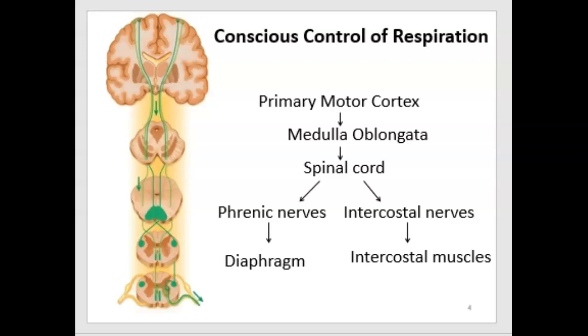The way we do that is that our cerebrum in the primary motor cortex has primary motor neurons that travel down to the medulla oblongata and then past the medulla oblongata out the spinal cord. So we know that we can control it consciously, but we're going to focus mostly on unconscious control of respiration in this lecture.